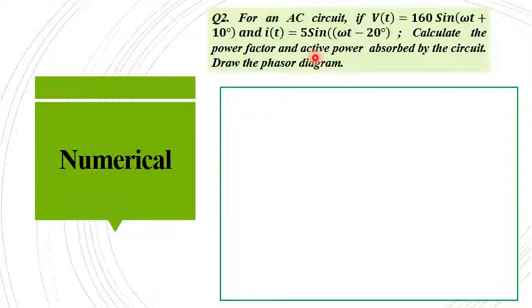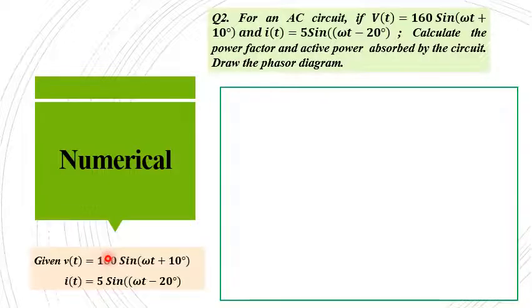So current lags the voltage in an RL circuit. So this is an RL circuit. Now we can write the given parameters: V of t is 160 sin omega t plus 10 and I of t is 5 sin omega t minus 20 degree. First parameter we have to calculate is the power factor.